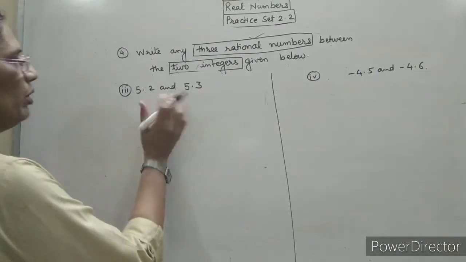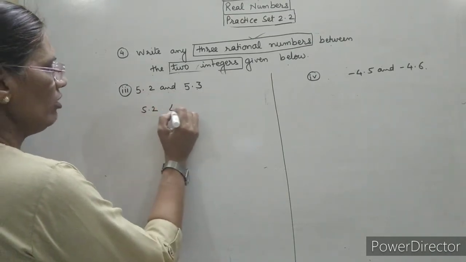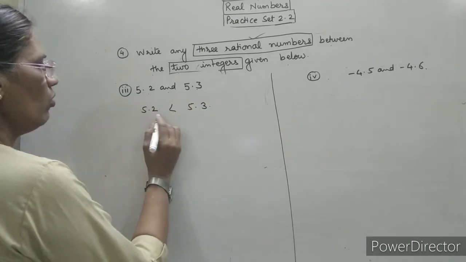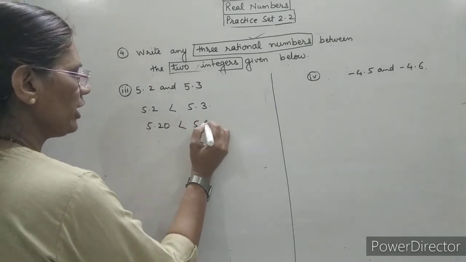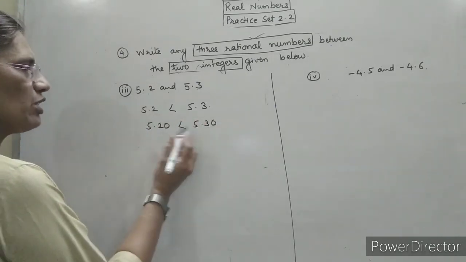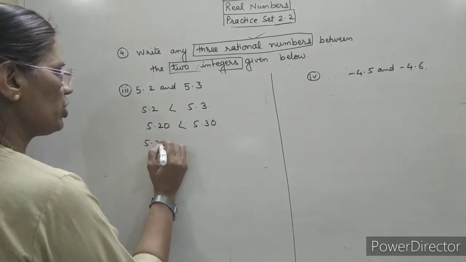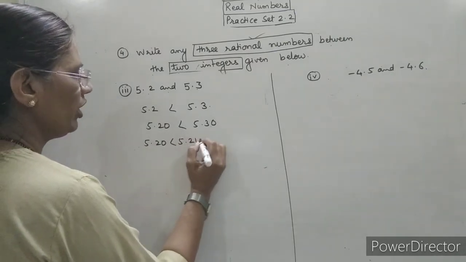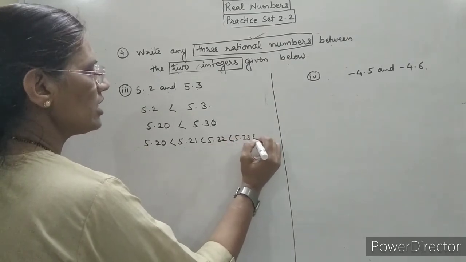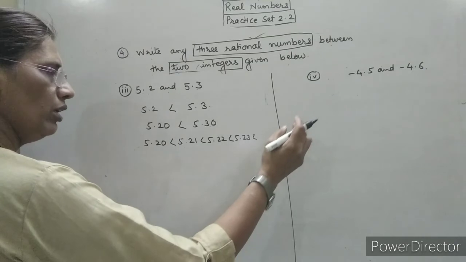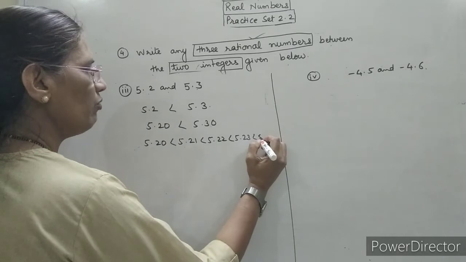Let us take the third example, 5.2 and 5.3. Here 5.2 is less than 5.3, right? Now if I write this as 5.20, I can write this as 5.30. Here we have taken 2 digits after the decimal point, here also 2 digits, and therefore we can write 5.20 is less than 5.21 is less than 5.22 is less than 5.23 is less than 5.24, 5.25, 26, 27, 28, 29, and here we get 5.30.